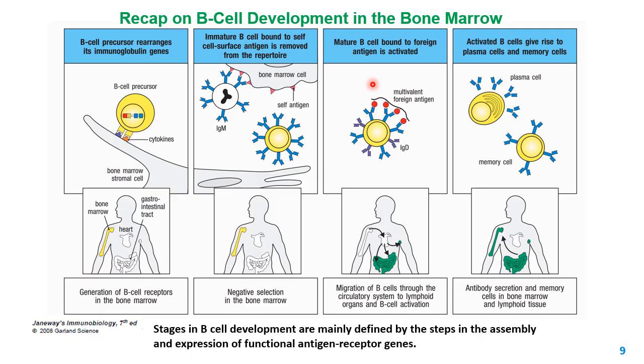That means you have clustered antigen presentation, and you can activate more than one B cell receptor at the same time. Remember that to activate your B cell, you need at least two signals. If only one signal binds to one of those B cell receptors, you're not going to activate your B cell. This is really important for tolerance. After you activate your B cell, you start producing antibodies.